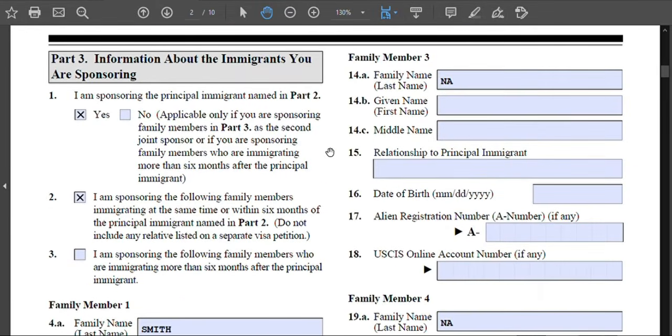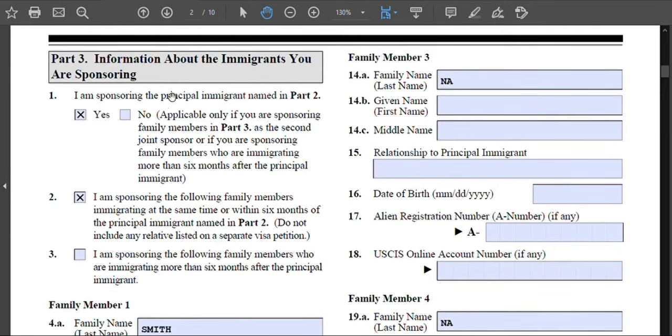Here, you're going to have to answer the information about the immigrants that you are sponsoring in general. So as a joint sponsor, most likely you will have to select this. Question 1, I am sponsoring the principal immigrant named in part 2. So yes, we have to select this. You will answer no only if you are the second of two joint sponsors sponsoring derivative immigrants.